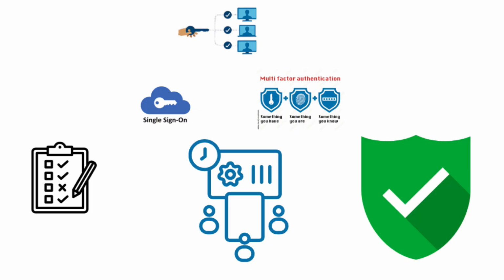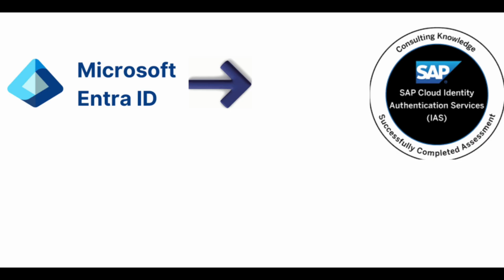These integrations work on the principle of creating a trust relationship between Microsoft Entra and various SAP identity platforms and SaaS products. Let's look into our first integration, which is Microsoft Entra ID with SAP Cloud Platform Identity Authentication. Before we dive into the integration, let's understand the benefits of doing that.